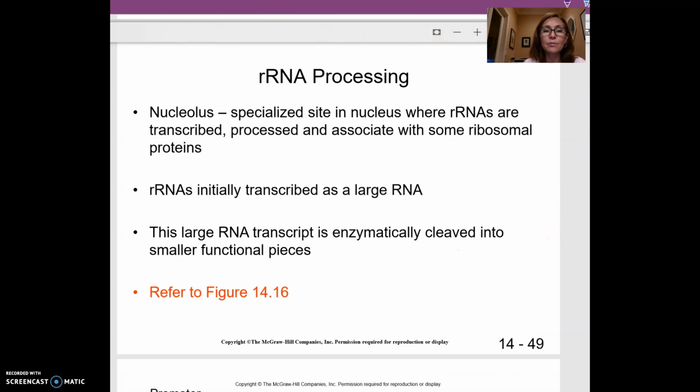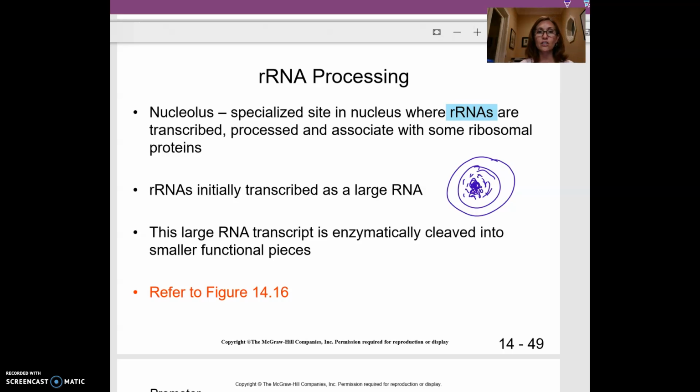How does this happen? Basically, the place that you see ribosomal RNA being processed is in the nucleolus. All right, remember what the nucleolus is, you guys? When you have the nucleus inside of the cell, the nucleolus is the dark kind of ball structure that you see in all of the chromatin floating around in the nucleus.